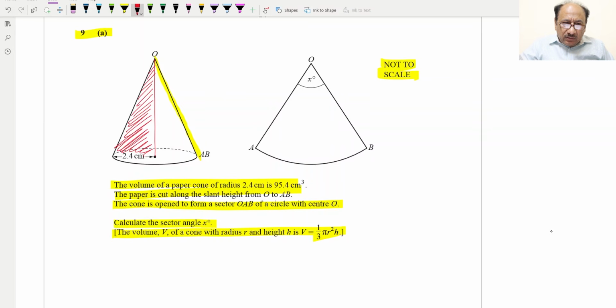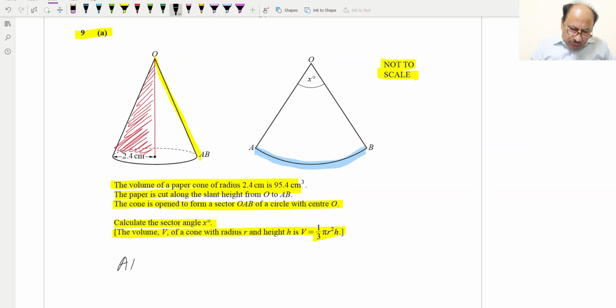Basically we can first find this AB, which AB? This AB will be the length of the arc, and the length of the arc will be the same as the perimeter of this circle, the perimeter of a circle with radius 2.4.